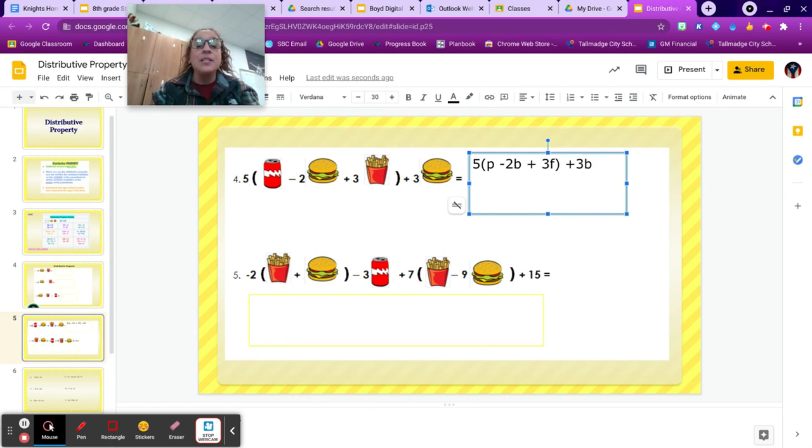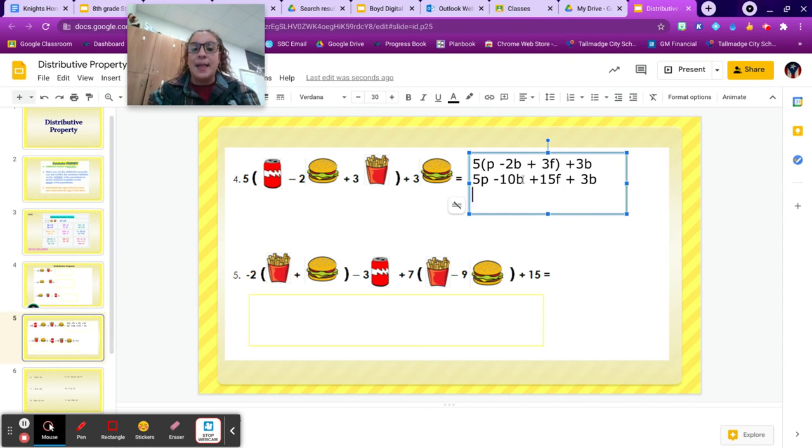So I'm going to start by distributing that 5 to every term inside my parentheses. So 5 times P is 5 pops. 5 times -2 burgers is -10 burgers. 5 times 3 fries is 15 fries. And then I'm just going to bring those 3 burgers down at the end.